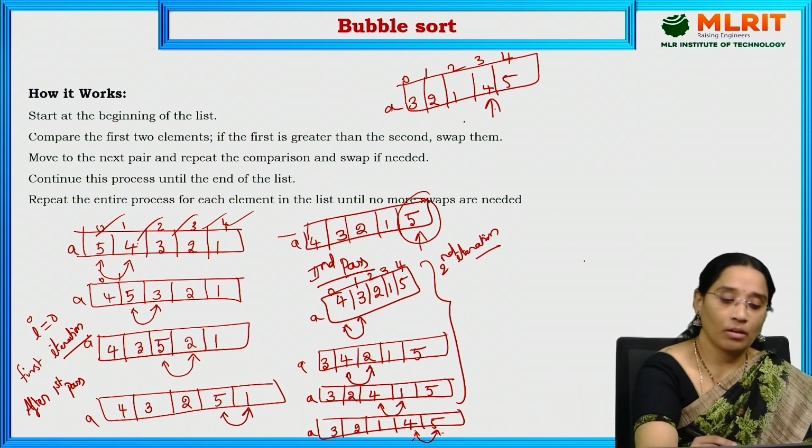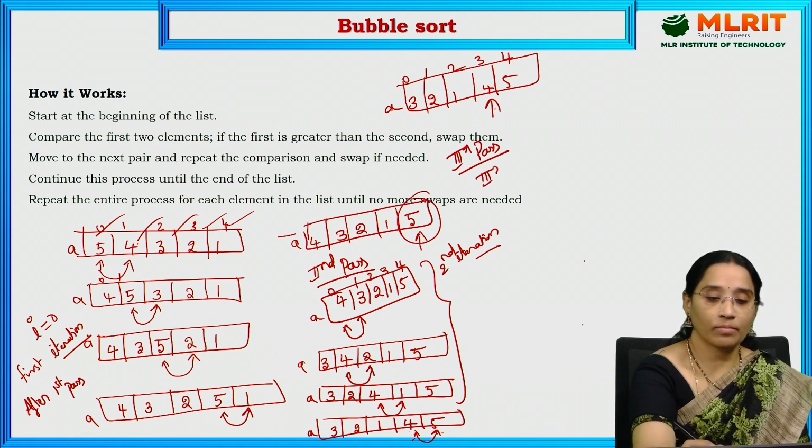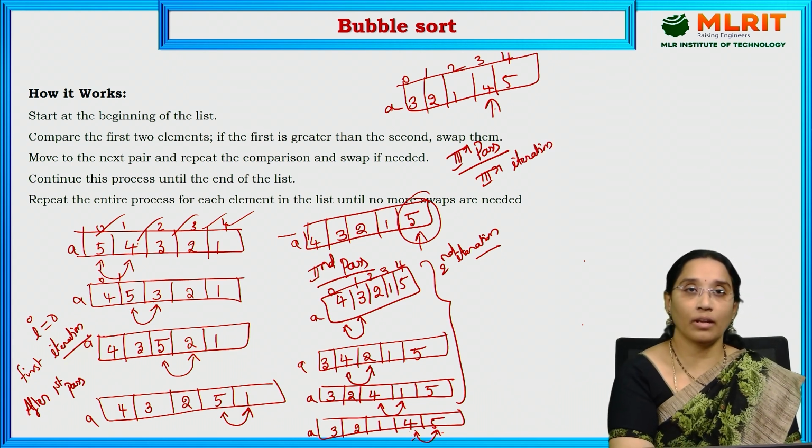Next, in the third pass or third iteration, every time we take an element in the array and compare it with the adjacent element.